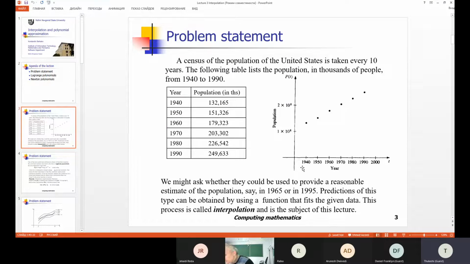Well, let's consider this example. Suppose we have a table with some data. This data can be from any field.